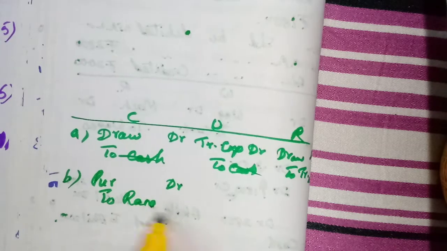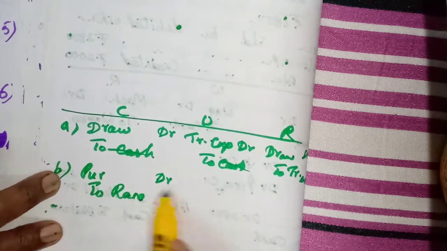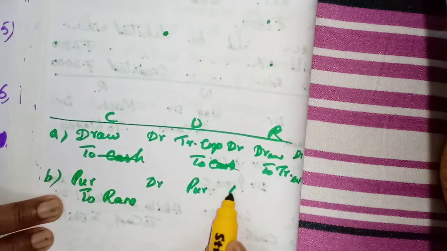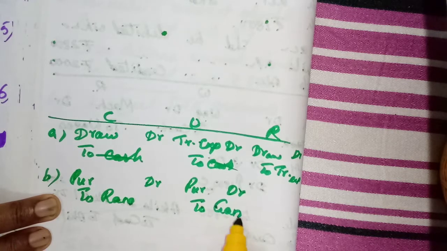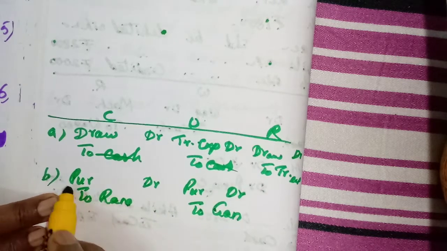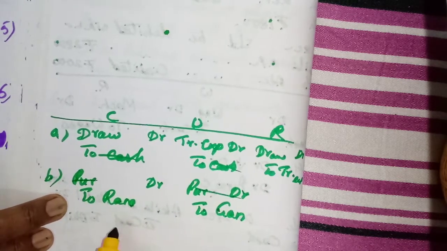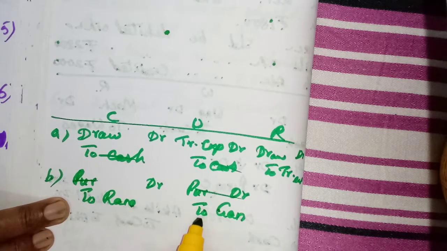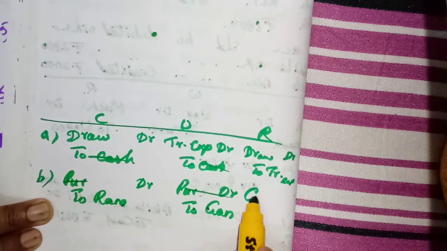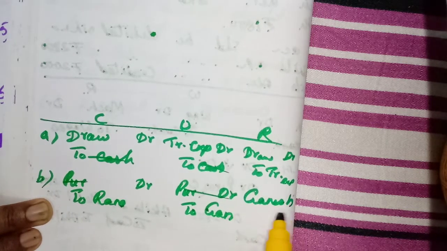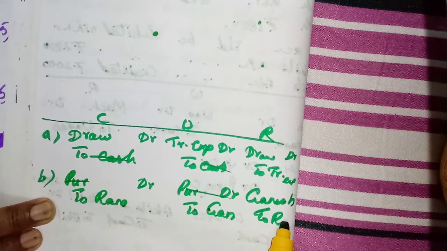Wrongly credited to Ganesh account. The debit is no problem, isn't it? What should be debited? The wrong credit is Ganesh. So Ganesh account debtor to Ramesh account.